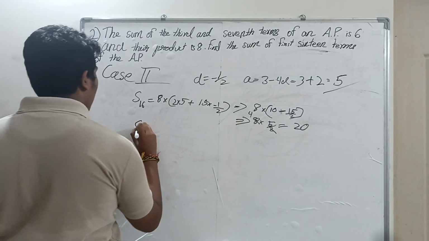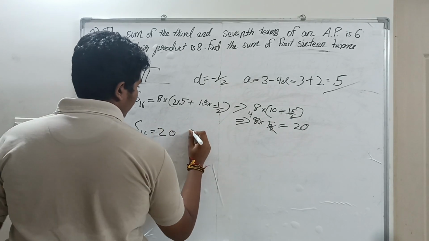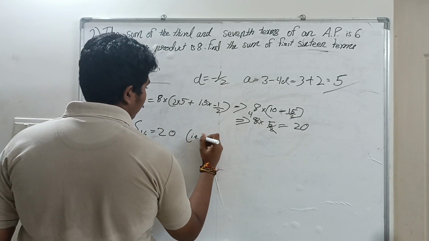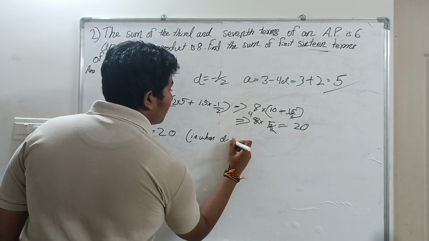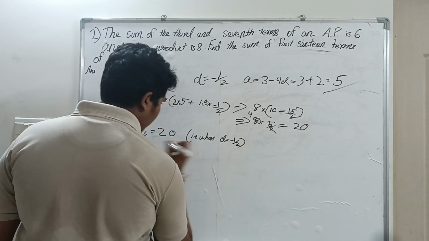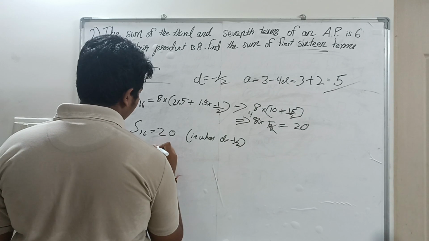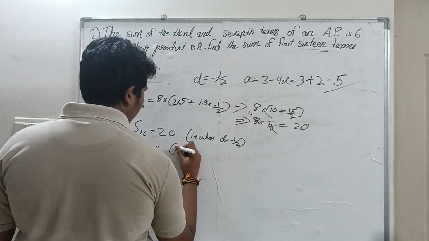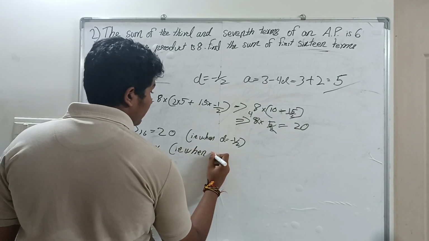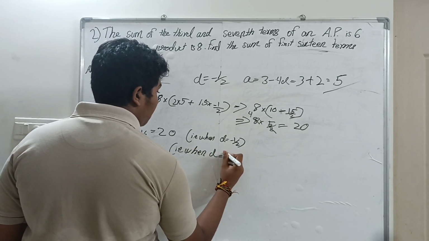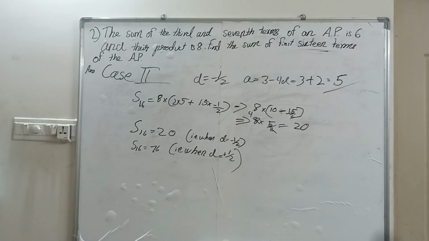Hence S16 is 20. That is when D is equal to minus 1 by 2. But when D is equal to plus 1 by 2, you got the difference.